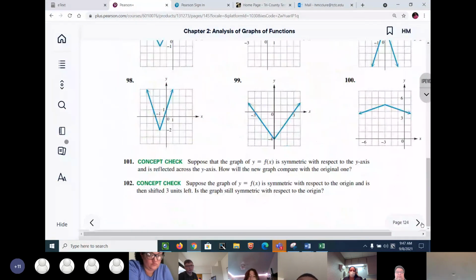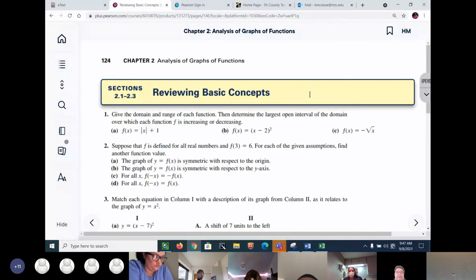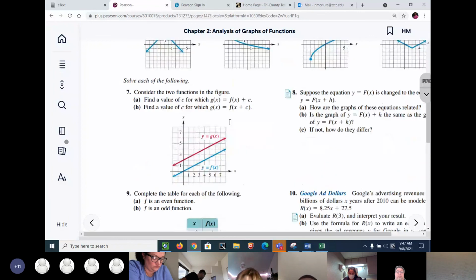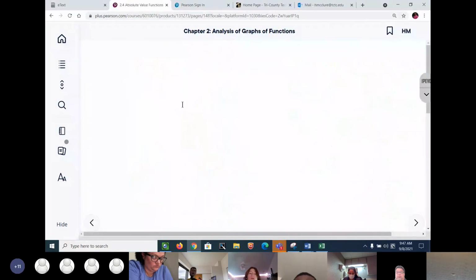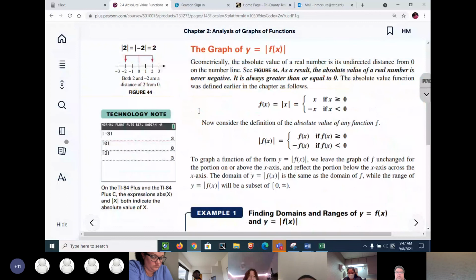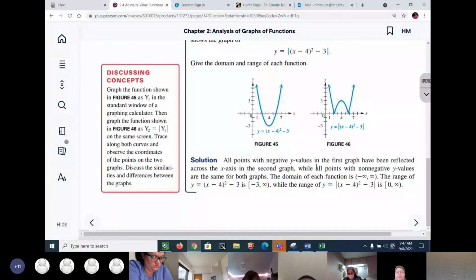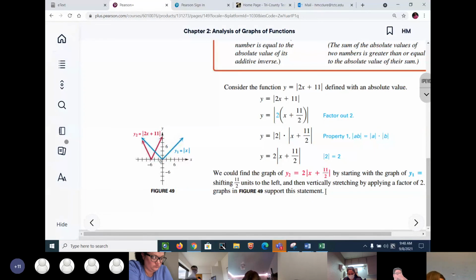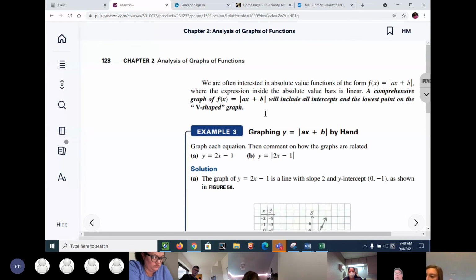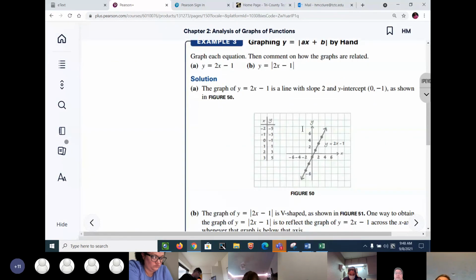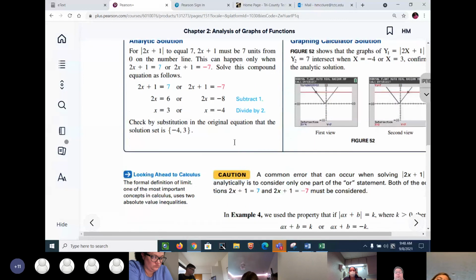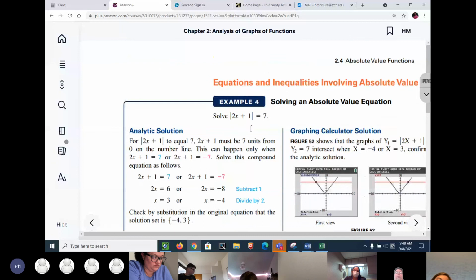If I ever get there, good gracious. There. And they're going to show you the absolute value. And where is it? There's where they start showing you right here. And there's absolute value there. It basically looks like a V.